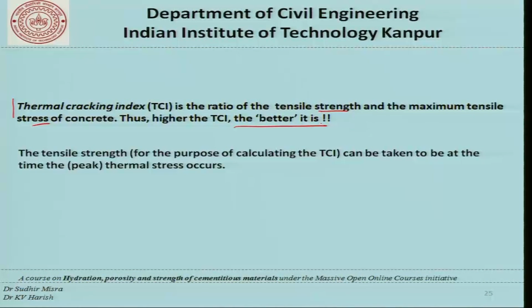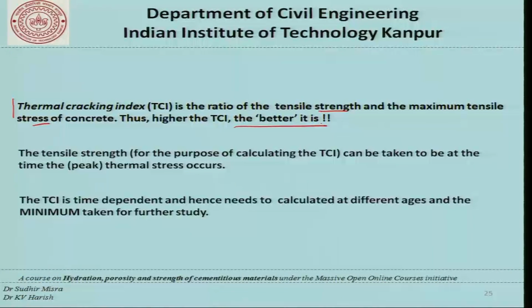The tensile strength for the purpose of calculating the TCI can also be taken to be at the time when the peak thermal stress occurs. So, the TCI, we must remember, is time dependent and hence needs to be calculated at different ages, and the minimum should be taken for further study or investigation.